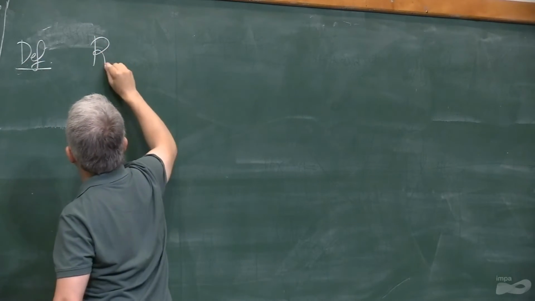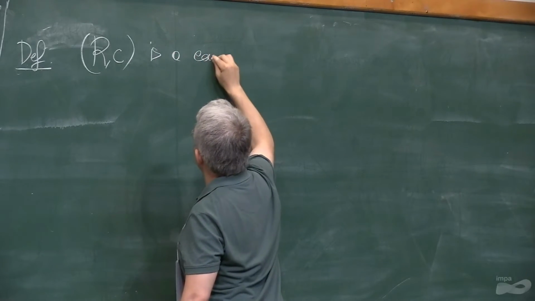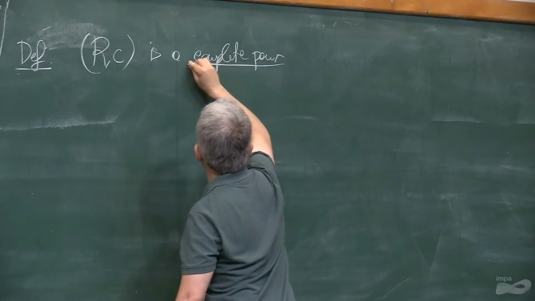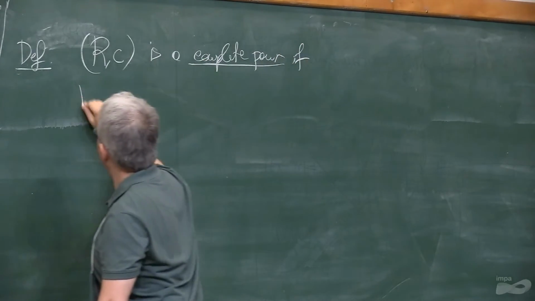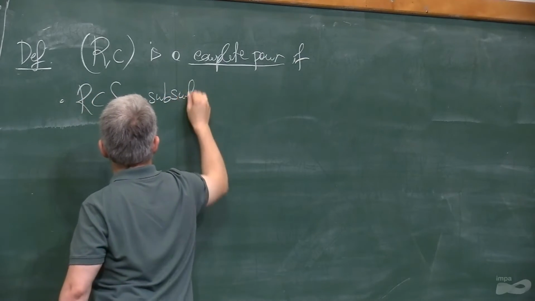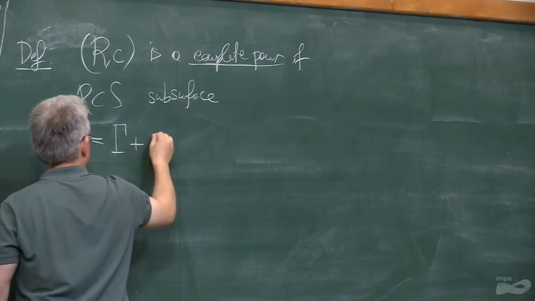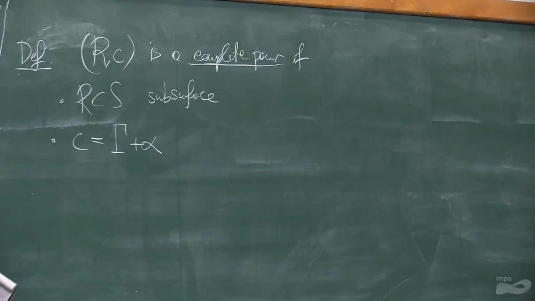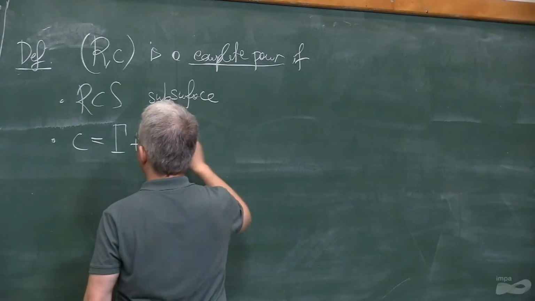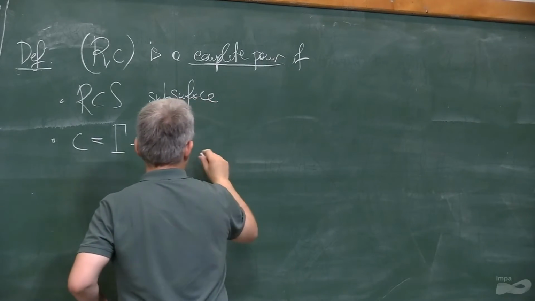A couple RC, we call, as they did, more or less a complete pair if R is a subsurface, C is a current of type gamma plus alpha, so there is no lamination, no lambda, and the supports are disjoint.